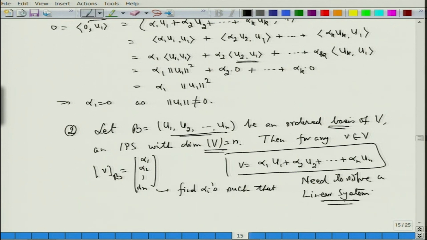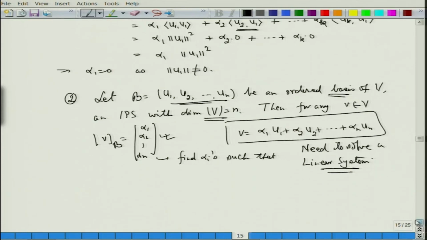I'll have to put in the values of the vectors u1, u2, un, form a system of equations, and solve it. It takes time, but I can do it. Because u1 to un is linearly independent, there will be a unique solution, but to get these alpha i's I have to do a lot of extra work.